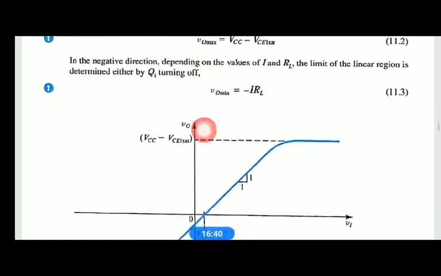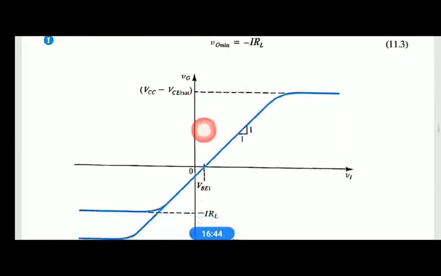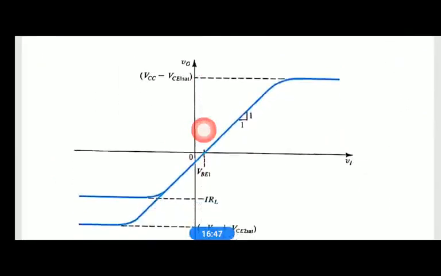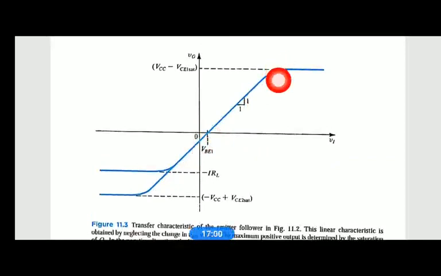This can be clearly shown here in the transfer characteristics, which show VI versus V0. The maximum output voltage you will get is VCC minus VCE sat. After that, the output voltage gets saturated even if you increase the input VI.